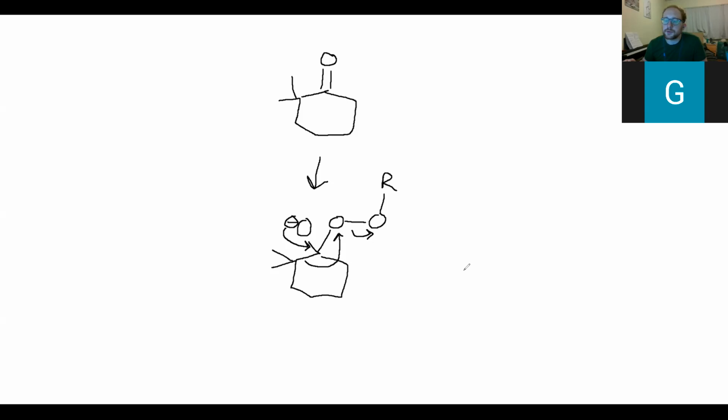So migratory aptitude is kind of thought of as nucleophilic character. What I mean by that is groups that better stabilize positive charge migrate quite well, with one exception that we'll talk about in a second.